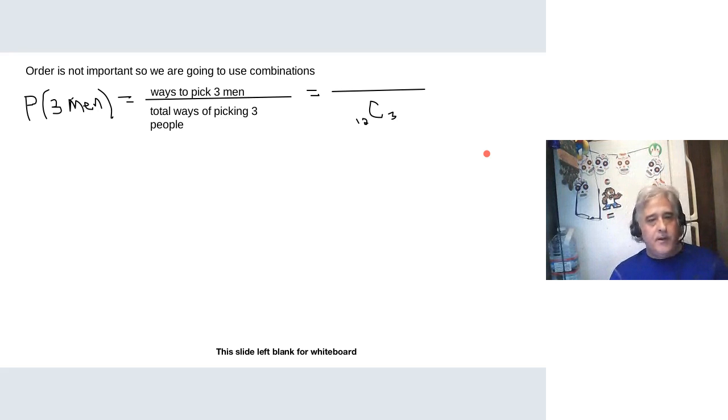There's an awful lot of ways to pick 3 out of 12, and if you tried to write them all out or create a tree, it's going to be really complicated and very hard to do. So what's important is just how many ways can we pull 3 out of 12? And that's our denominator.